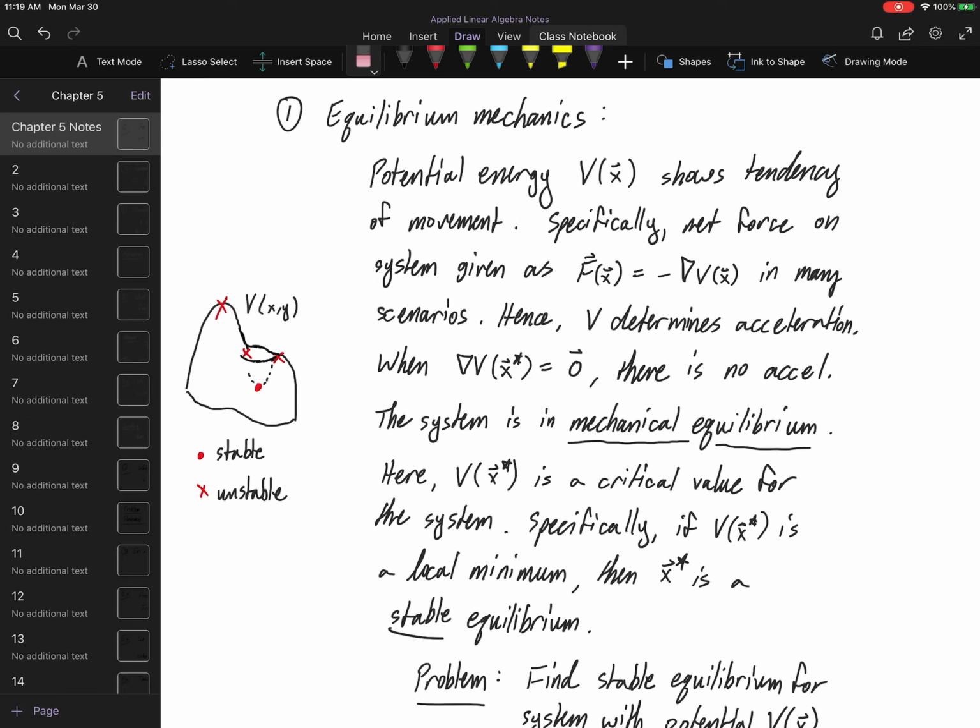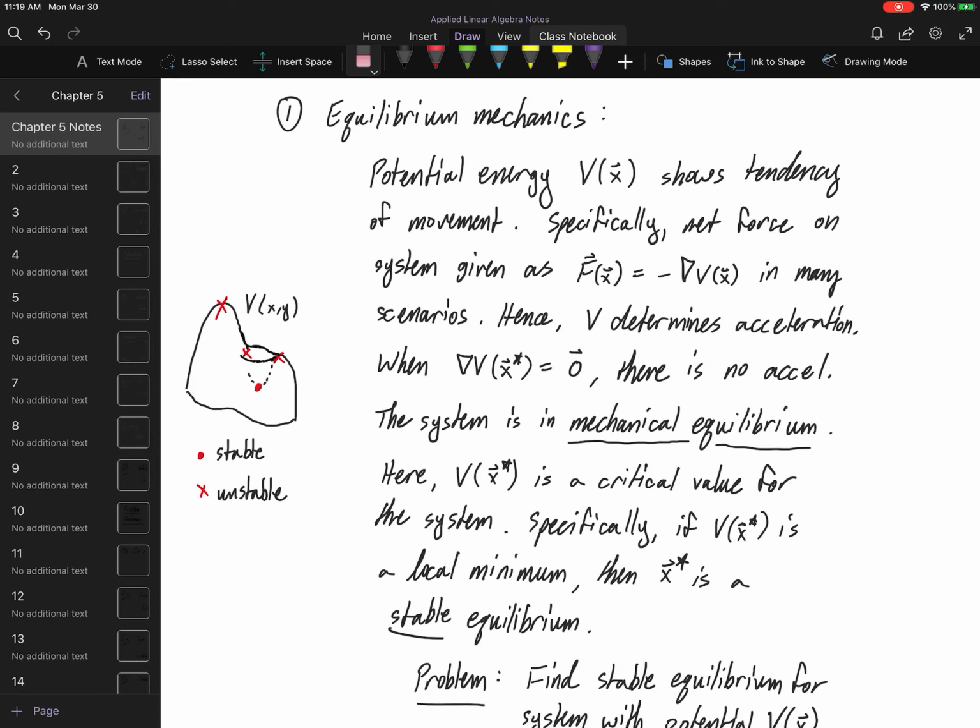Specifically, the net force that we would get off of the system is going to point in the negative gradient direction of that function V, at least in many different scenarios. It's one of the simplest ways for us to measure where things flow.